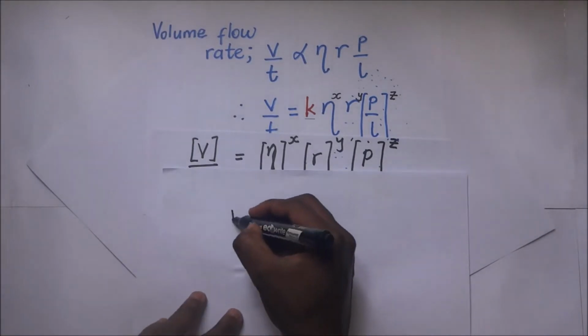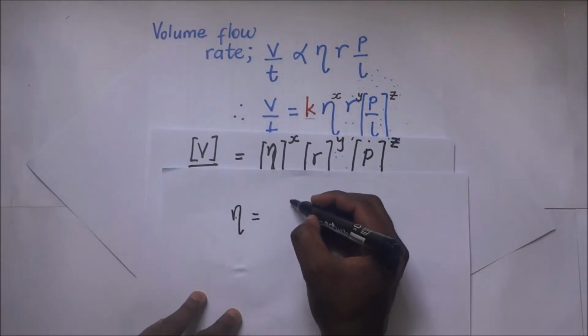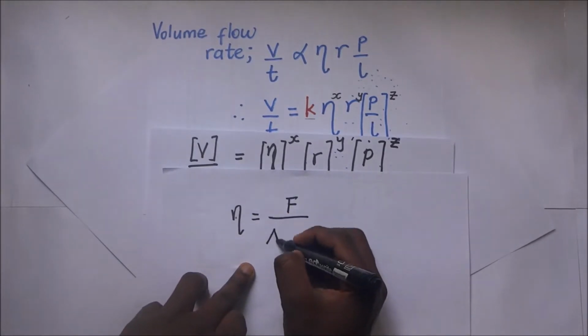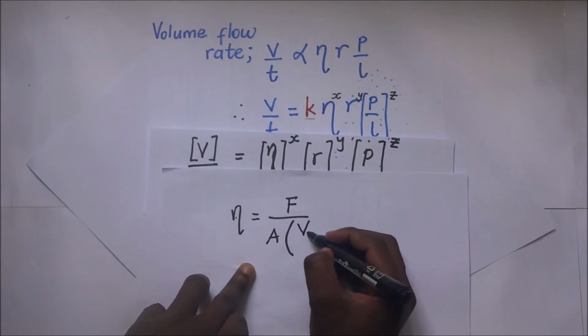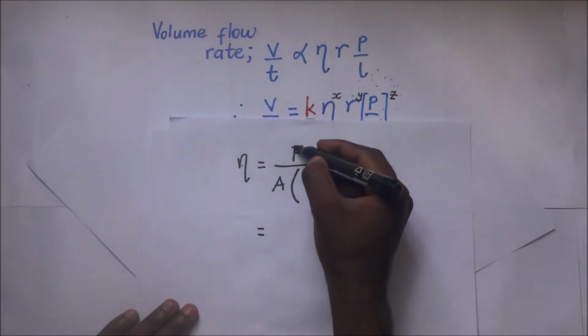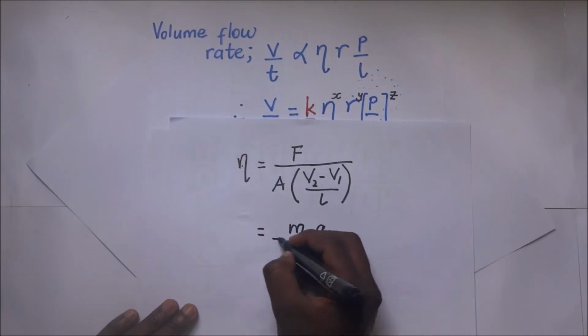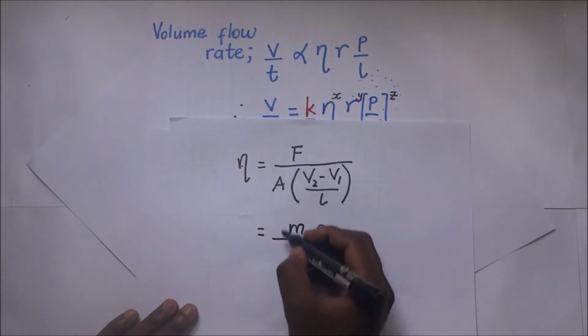We all know that coefficient of viscosity by definition is given by force, divided by area times the velocity gradient. So force is given by mass times acceleration, divided by cross-sectional area.